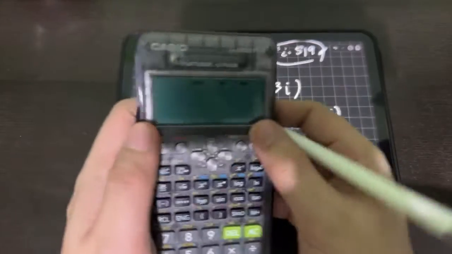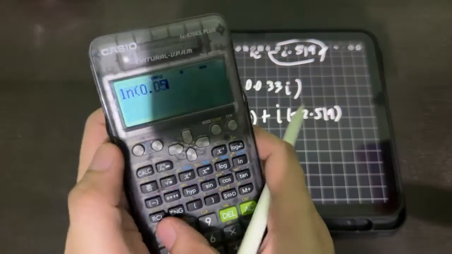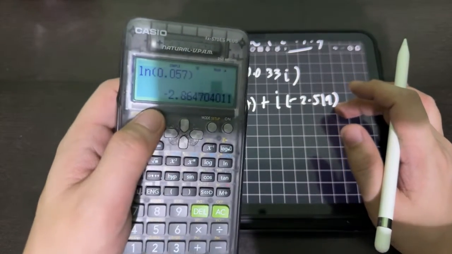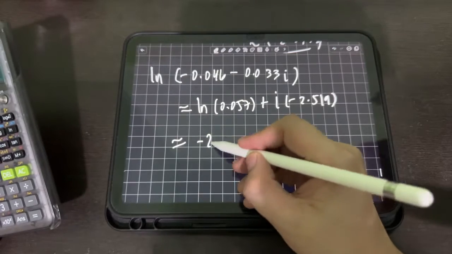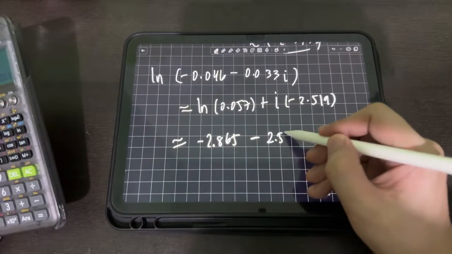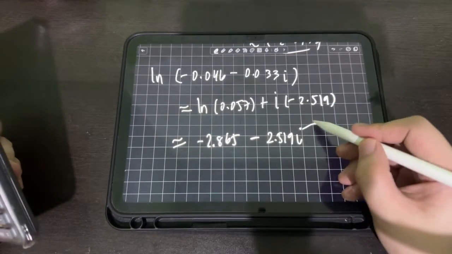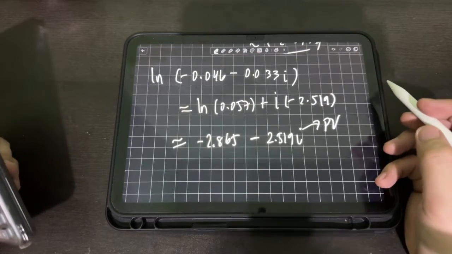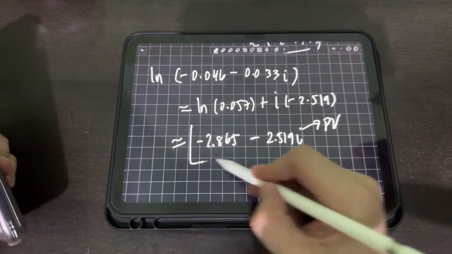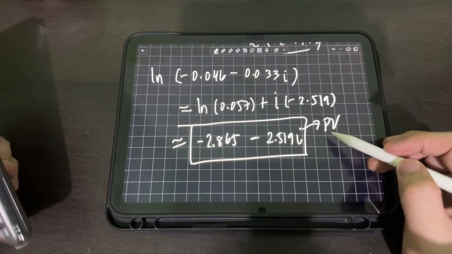So the ln of 0.057, sorry, it's approximately negative 2.865, then minus 2.519i. So this is the principal value of the ln. Also, this is the principal value of the arc cosh already. So this is the final answer for the principal value of arc cosh.